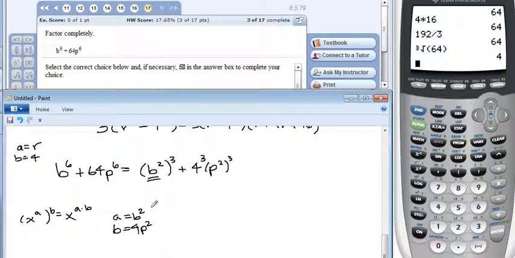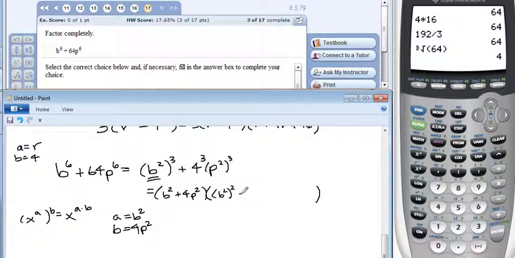Okay, maybe we should do this one. We're almost done with it anyway, so we might as well. Okay, so we've got an a plus a b. B squared plus 4p squared. And then I've got a squared, which is b squared squared.